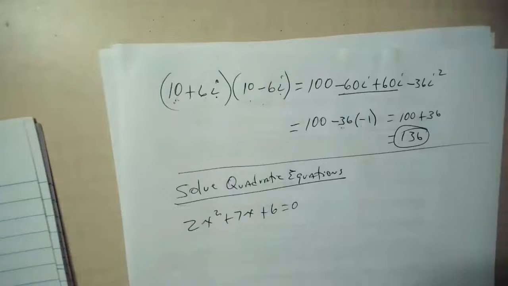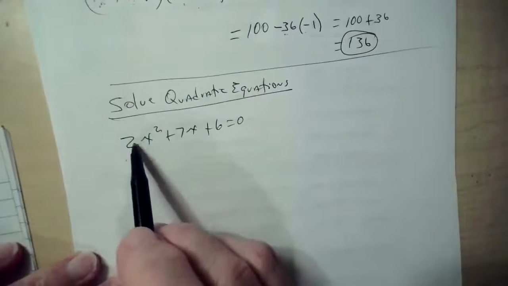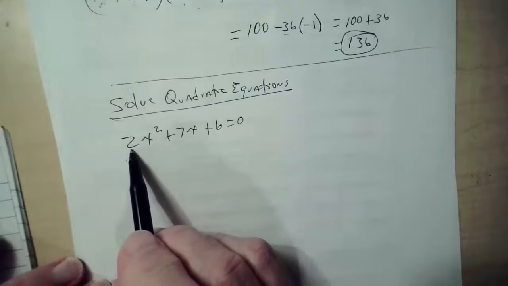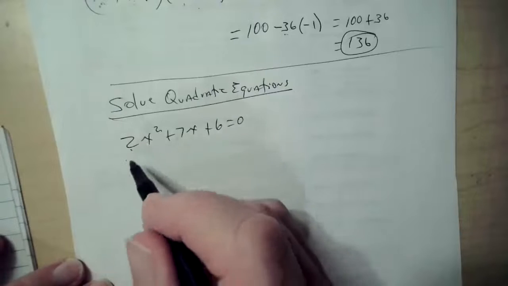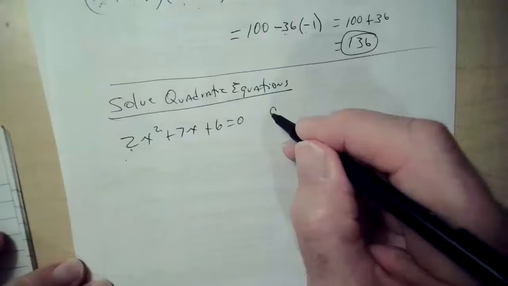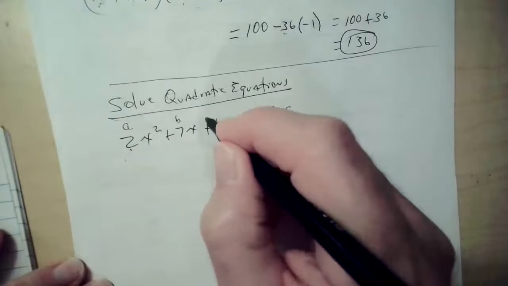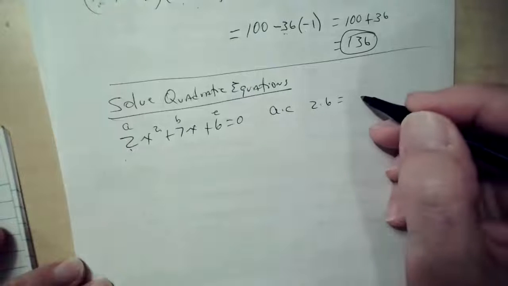Okay. 2x squared plus 7x plus 6 equals 0. Now we want to factor this. Now remember, when the leading coefficient, the number in front of the x squared, is not 1, we have to multiply a times c.